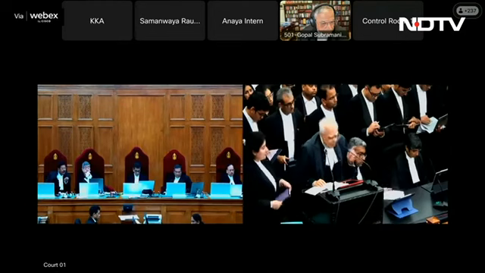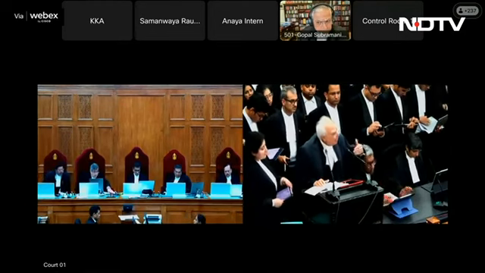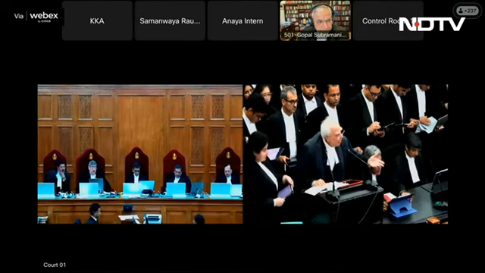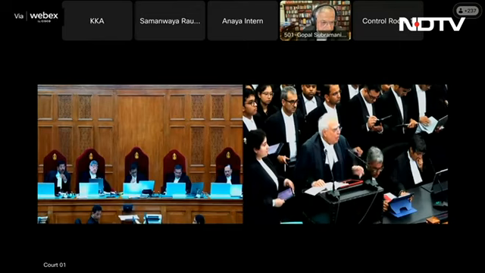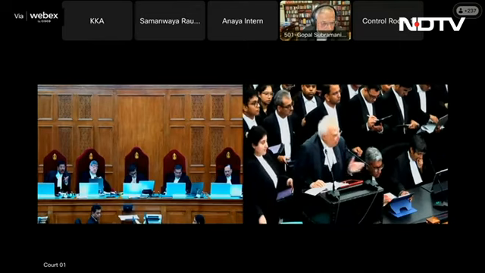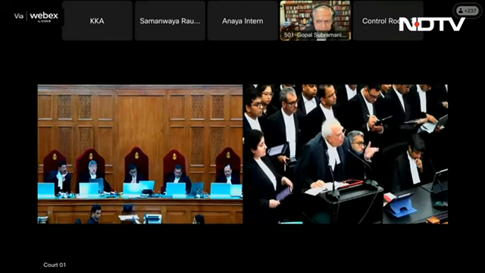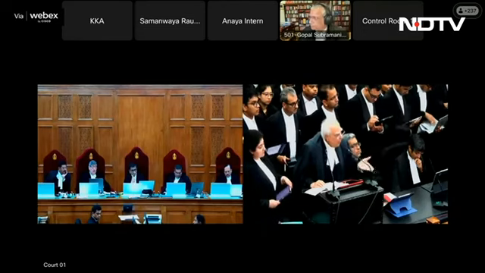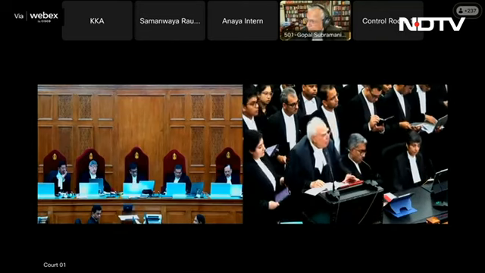Those pacts were there, recognition granted to rulers, but either they completely assimilated themselves into the union and became part of a state, or they were taken over, either Hyderabad or Junagadh. On the basis of certain agreements between the states and the princely states, correct, but those agreements were different from this agreement. My Lord, your Lordship is right. If it were that kind of agreement, then your Lordships would apply those standards and those principles and those judicial dicta which your Lordships applied.